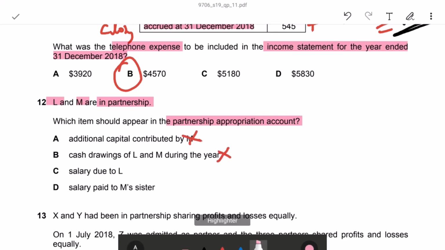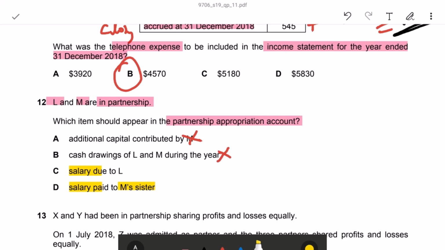Then they are given two salaries. These are salary to L, and salary paid to M's sister. So here the profit and loss appropriation account only records transactions between the partners and the partnership firm. That means the partnership firm with the second party, they are the partners. But in the income statement we enter transactions with third parties.